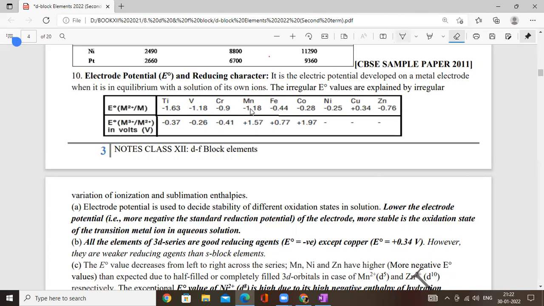As I said, the irregularity of E naught values is explained on the basis of ionization energy, sublimation enthalpy, or whatever. You can see in the 3d series, I just now told you s block elements are very good reducing agents, which means they have the maximum negative E naught value. If we talk about d block elements, the E naught value will be negative, but comparatively less negative in comparison to that of s block elements.